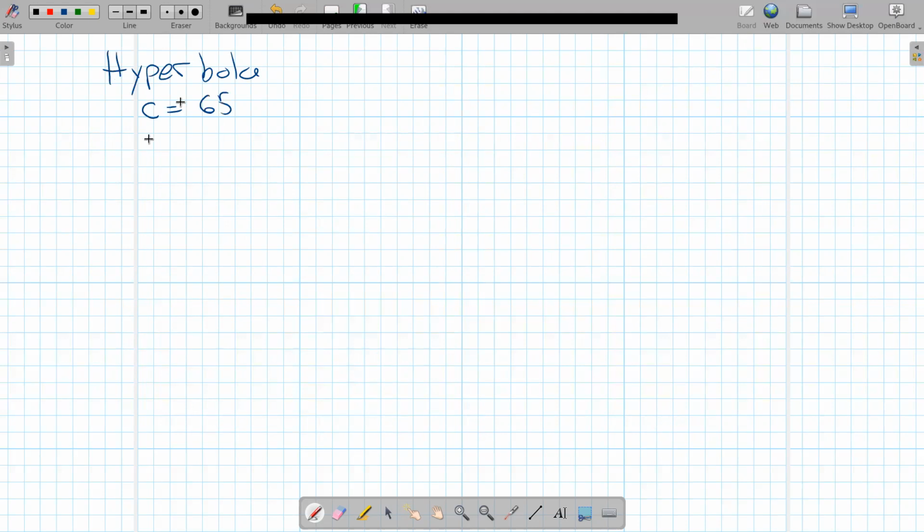We just calculated that A is equal to 30 kilometers, and the values of A, B, and C, and again, C comes from the focus, and then the A is from the major axis, and B is from the minor axis.